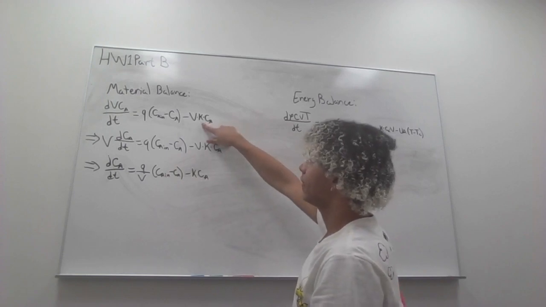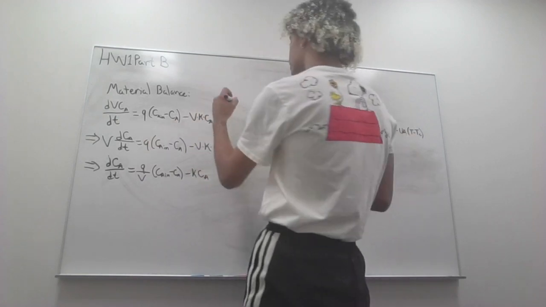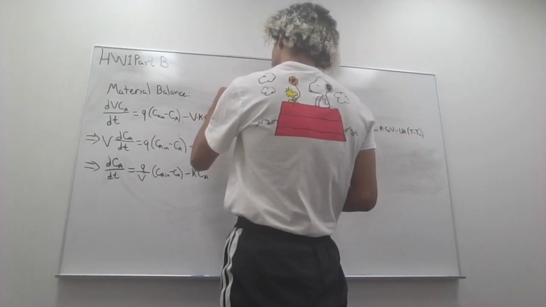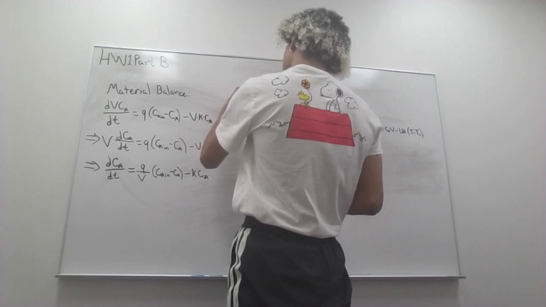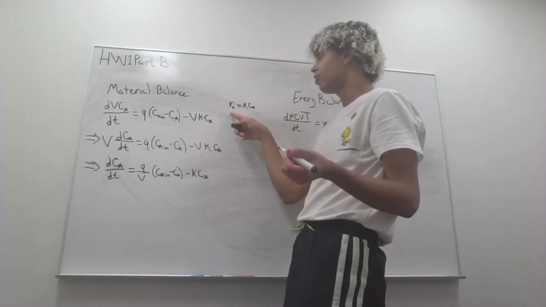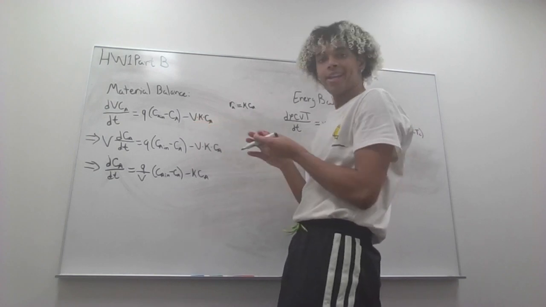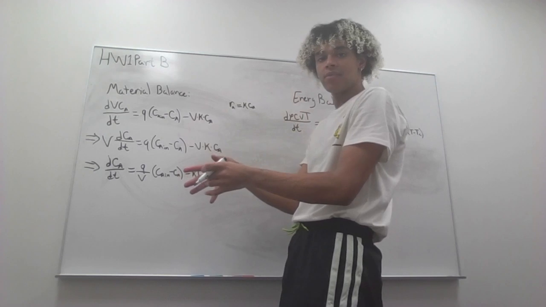I already had it set up where it's the K value times the concentration, as it's just the general rule that RA is equal to the K value times concentration. Technically it would have been V times RA, and so I already substituted that in for the problem.